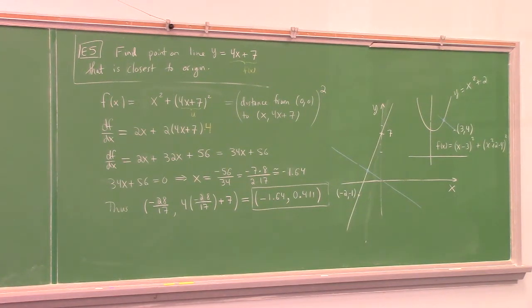Suppose we had f of x equal to x to the fourth minus x cubed on, let's say, minus 1 to 2. Find min-max.